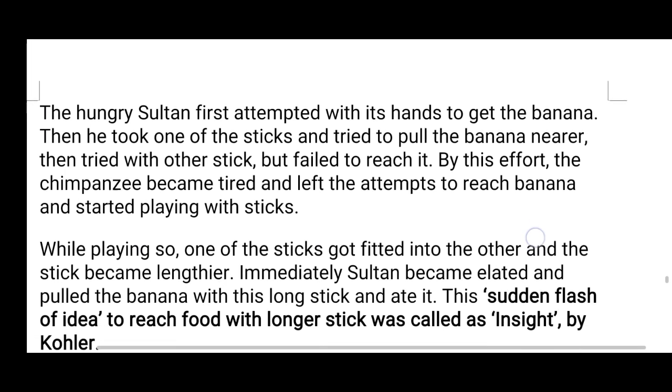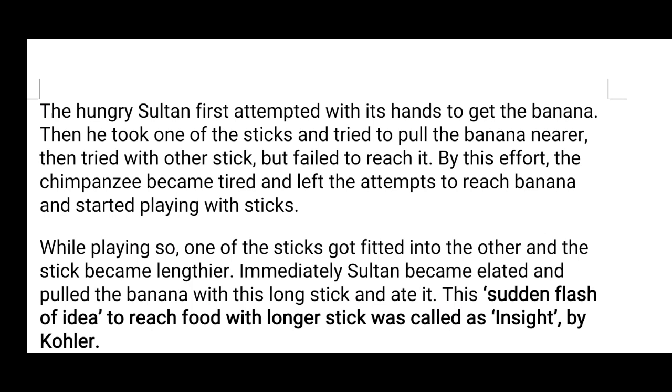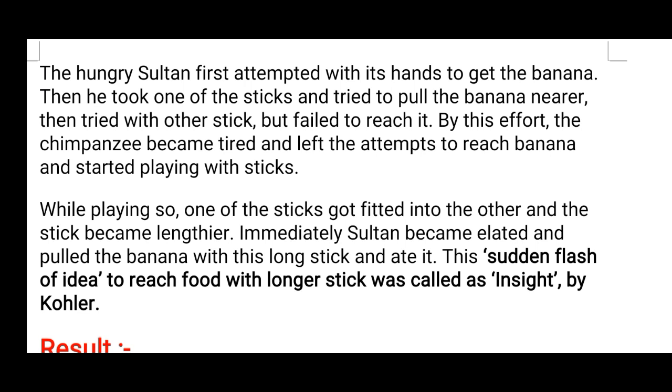By effort, the chimpanzee became tired and left the attempt to reach the banana and started playing with the sticks. He was so frustrated that he just left his thought of getting the banana, but began to play with the sticks, and while playing, suddenly or intuitively, he fitted one stick into another, making the stick longer.